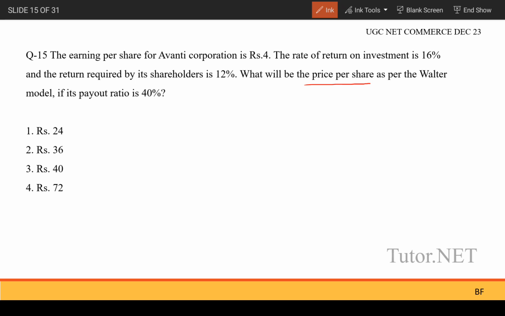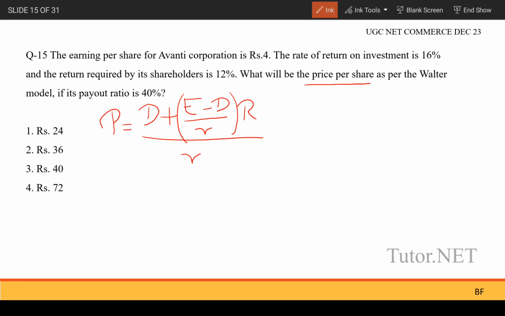40%. So the formula for calculating the Walters model is P is equal to D plus (E minus D) divided by small r, into capital R divided by small r.